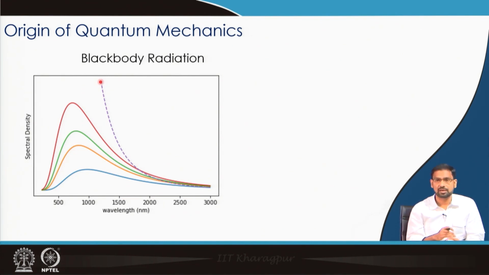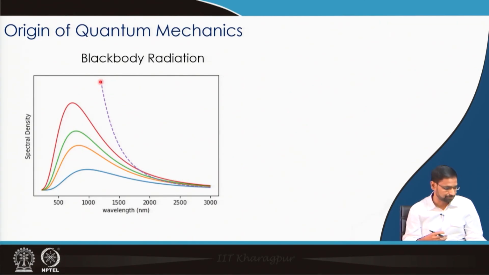But what Max Planck invoked is that no, the energy of these oscillators of the black body is quantized. So they cannot take any energy, rather they take certain values of energy. They absorb as well as emit a fixed amount of energy that gets decided, of course, by the prevailing temperature of the system.